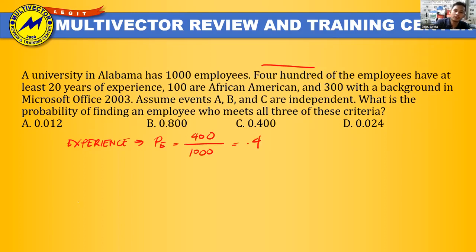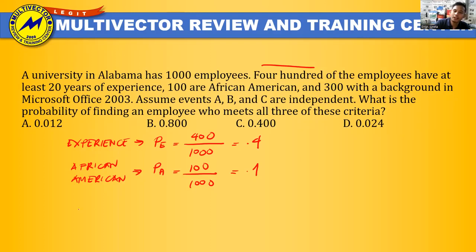Yung probability naman daw na African American siya, PA na lang, is just equals to 100 out of 1,000, which is just equals to 0.1.